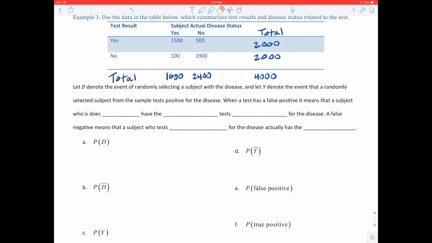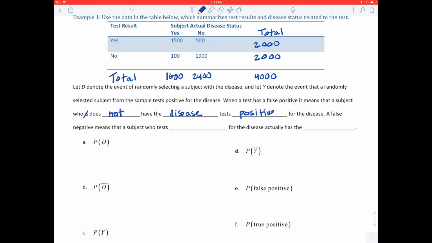All right. When a test has a false positive, very scary, it means that a subject who does not have the disease tests positive for the disease.